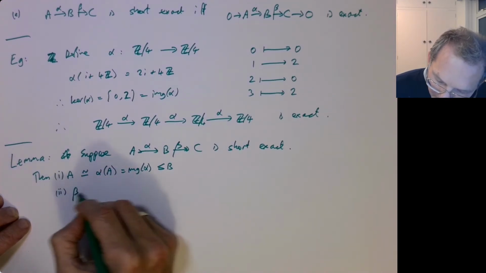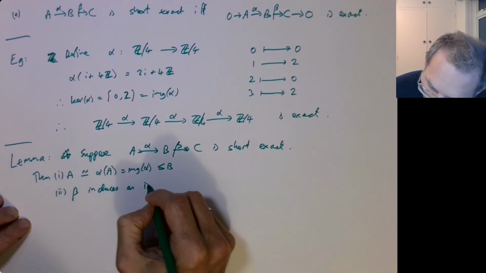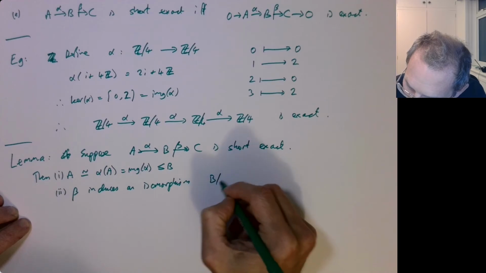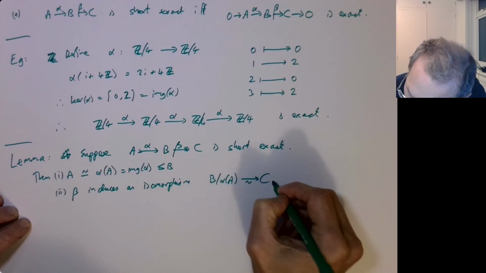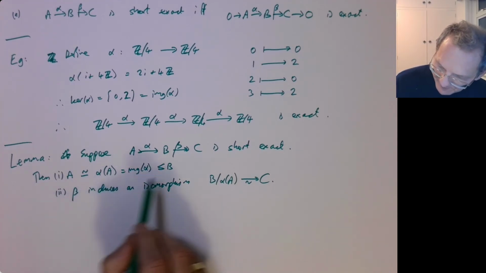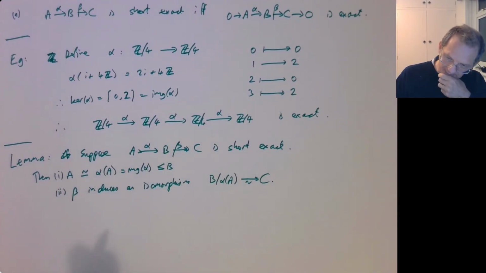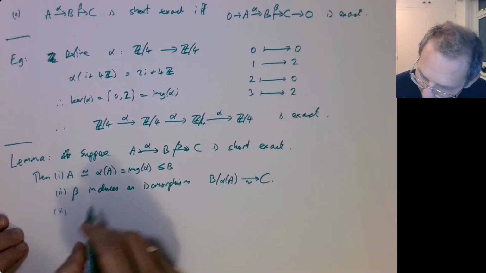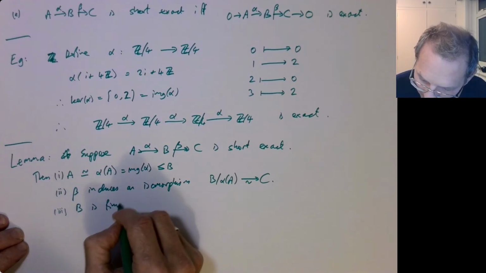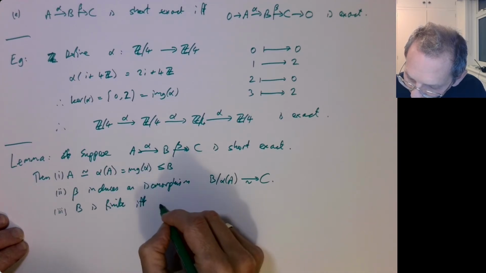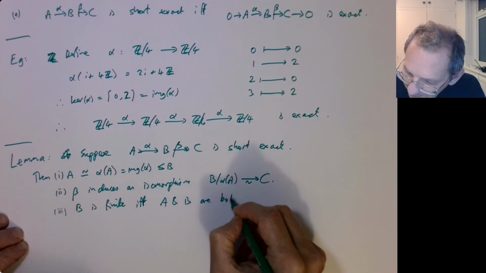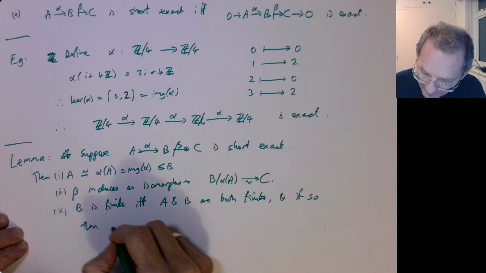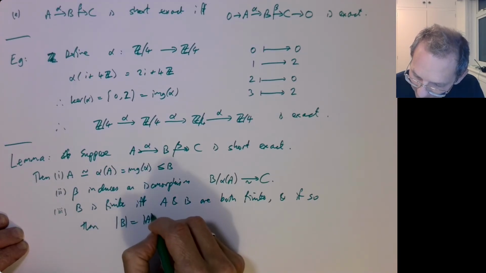And then beta induces an isomorphism from B mod alpha of A to C. Here, alpha of A is a subgroup of B, so we can form the quotient group B mod alpha A, and the claim is that's isomorphic to C. So it follows from this that B is finite if and only if A and C are both finite, and if so, then the size of B is equal to the size of A times the size of C.